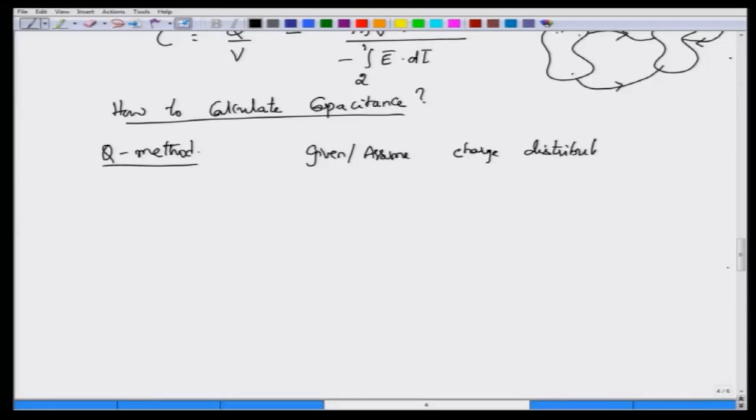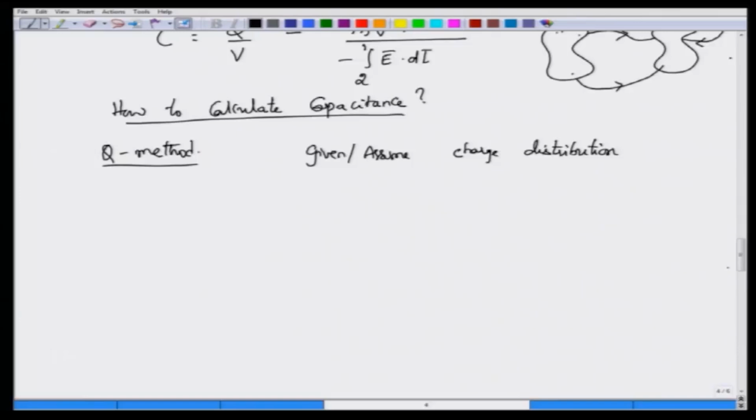This assumption would mostly be guided by the situations that we have already seen. It could be a line charge distribution, or a surface charge distribution, or a volume charge distribution, but you have to assume it, or if the charge distribution is given to you, then no problem, you take that particular charge distribution.